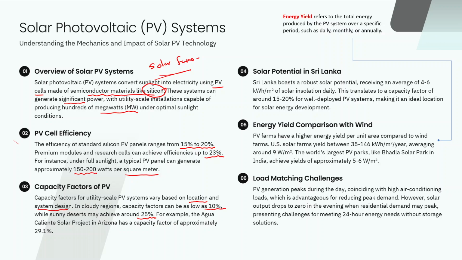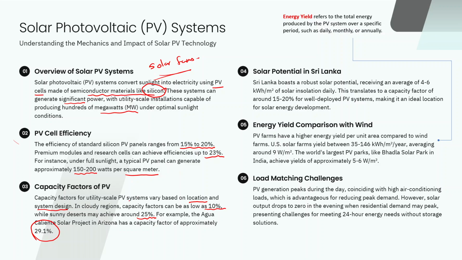Okay, so the capacity factor is about 25% if you have a very sunny environment. Okay. So for example, the Agua Caliente solar project in Arizona has a capacity factor of approximately 29.1%. Okay.